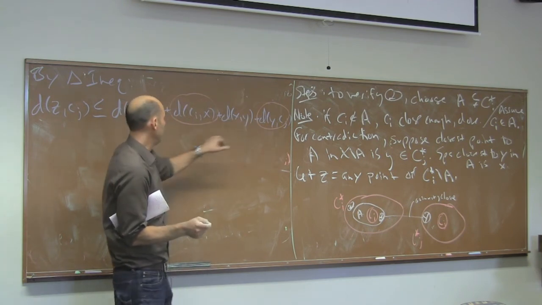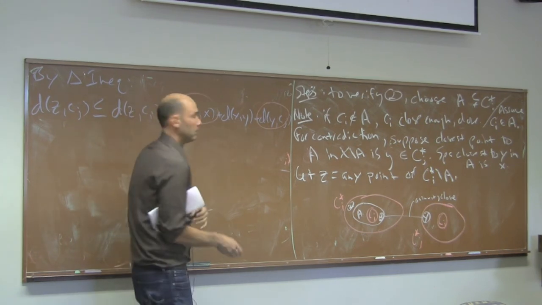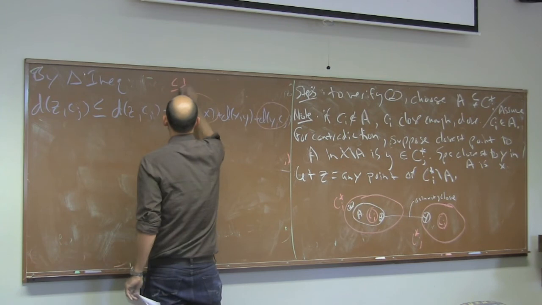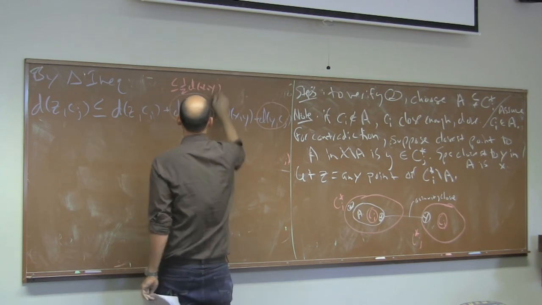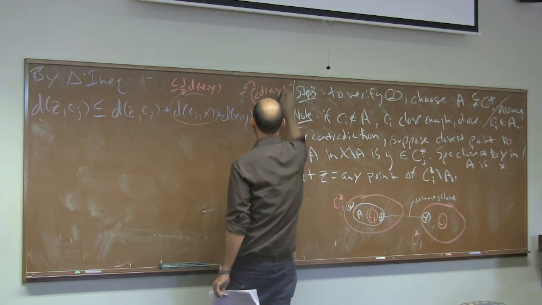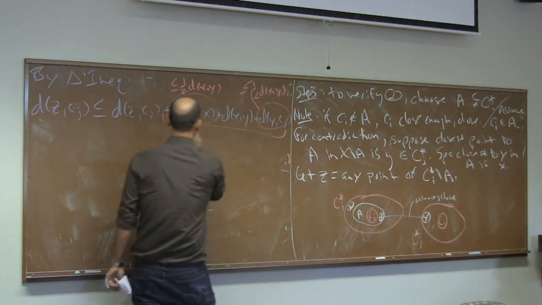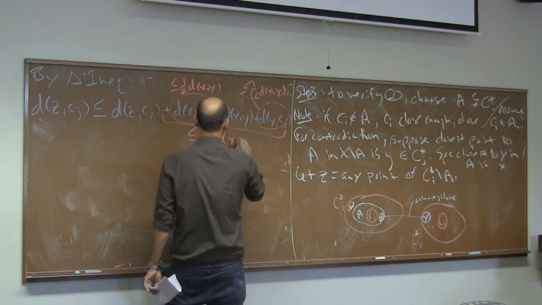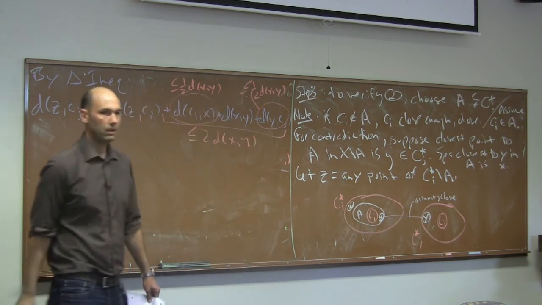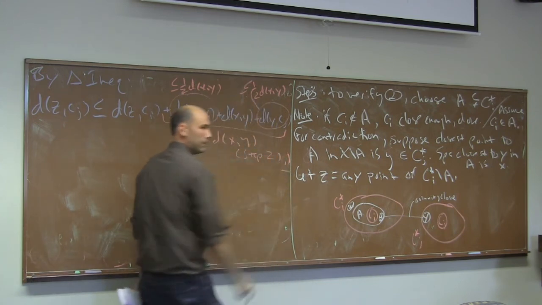Or if you like, each of these is at most half of dxy. So we can collapse all this into at most 2 dxy. This is using step 2.